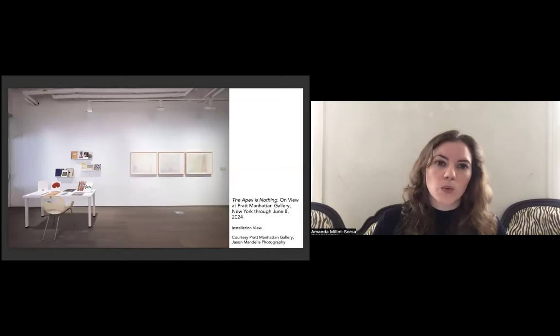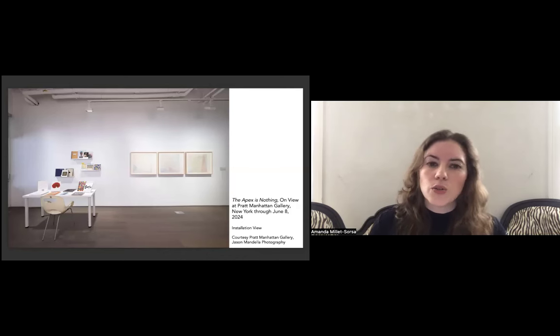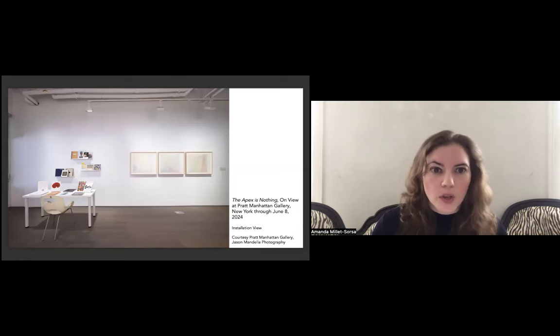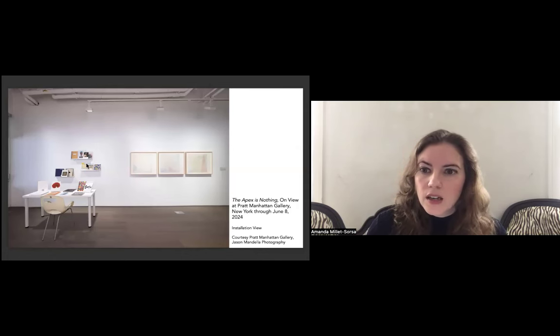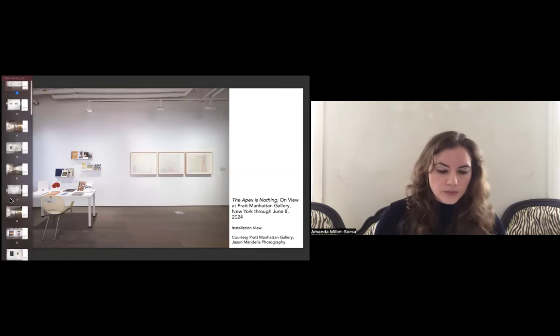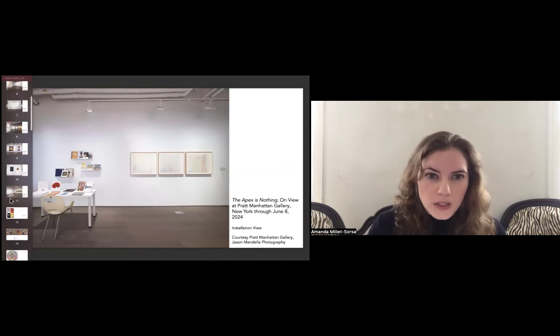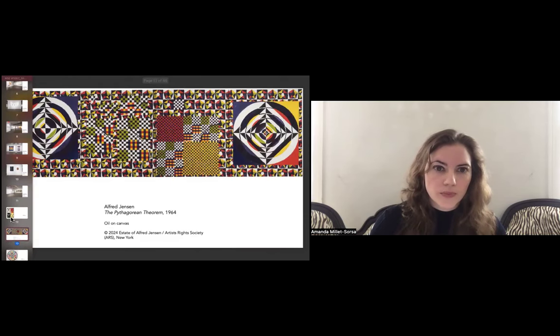And in the painting, we can see a division of 4 rectangles and 4 distinct colors, and using the Mayan numbering system in the smaller rectangles. If we can see that painting, that would be great. As well as here, we can see some of the exhibition views of the show.